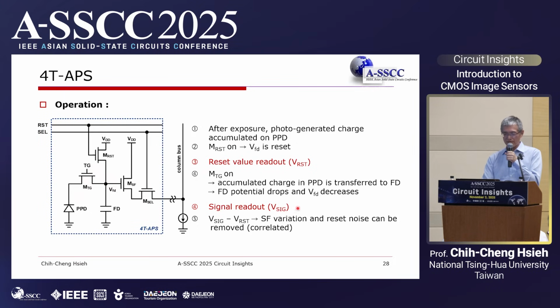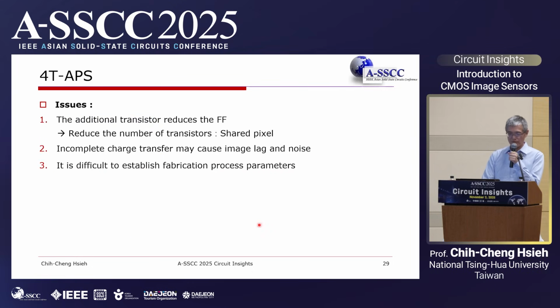So in this readout, we read the stored signal and the KTC noise as well. So the KTC noise in phase 3 is identical to the KTC noise in phase 4. So after subtraction, we can cancel it out completely. That's a big jump, a big performance improvement by using the 4T APS.